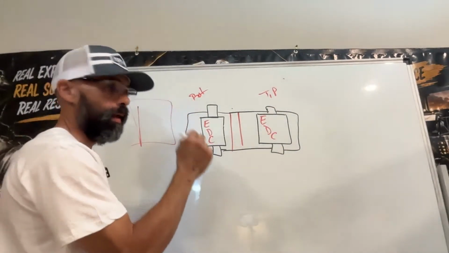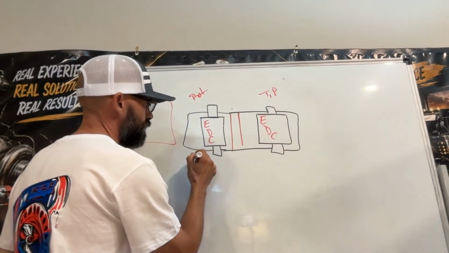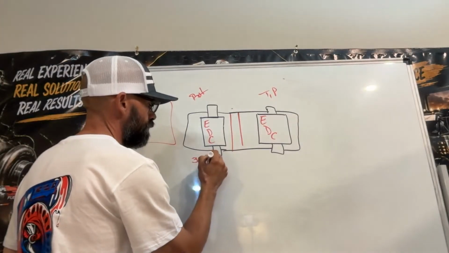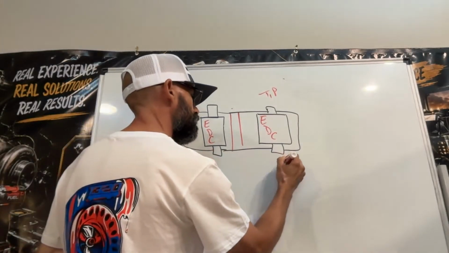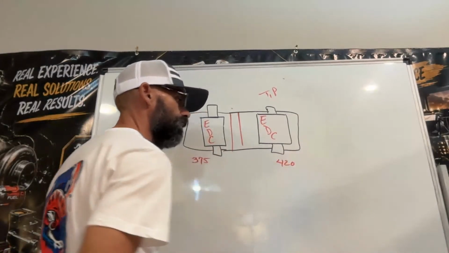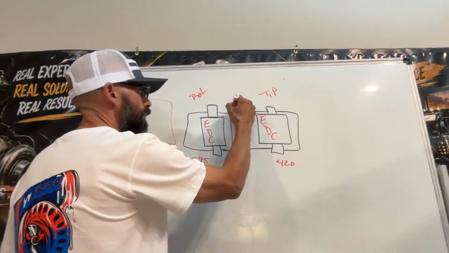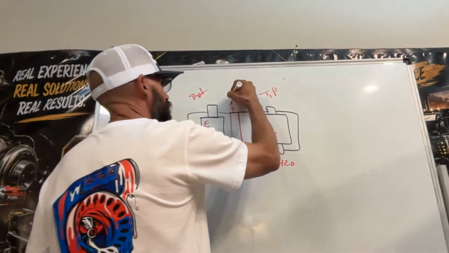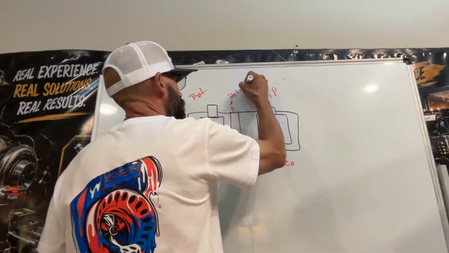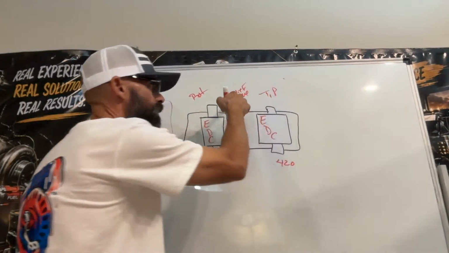On the display, this one is giving me 375. And this one is giving me 420, a high idle. Do I mess with the relief valve?